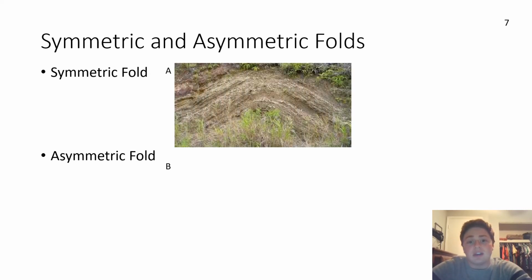Here we can see a fold where the axial plane is vertical and the limbs coming off of it are pretty symmetrical and have a pretty similar angle and distance from the axial plane. And as long as they're roughly similar or the same, that's considered a symmetric fold, which honestly is not very common in nature, but it is seen sometimes, as in the photo.